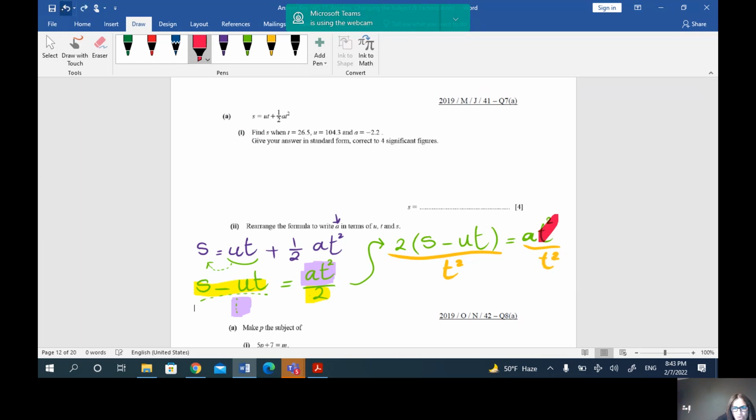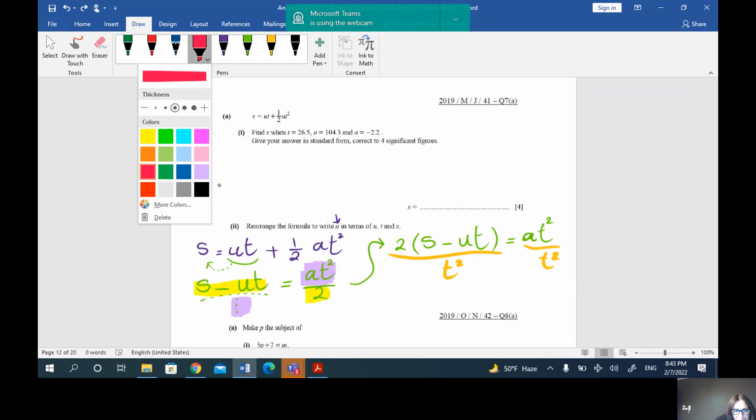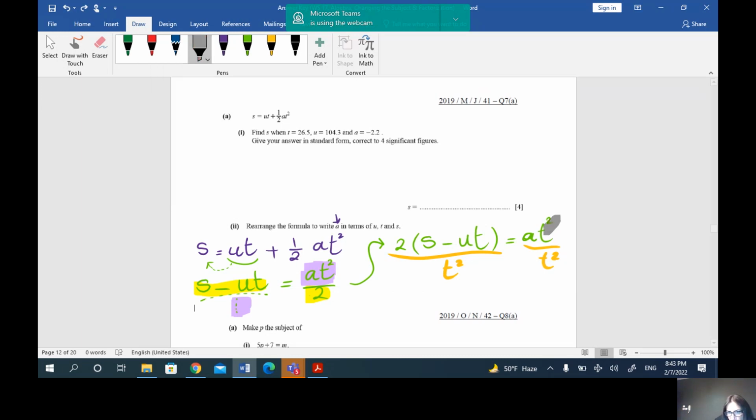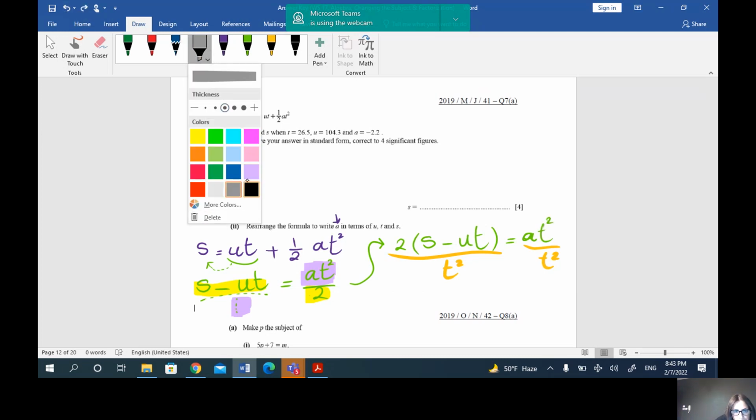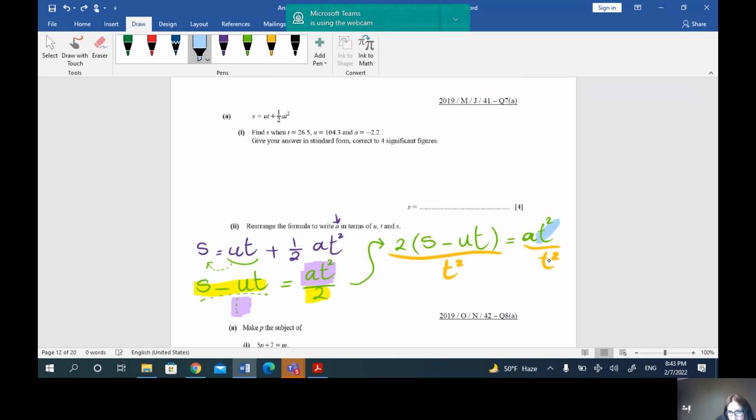Now this is way too dark. Let me just use another color so that you guys can see. So this is cancelled with this, and accordingly the final answer will be A is equal to fraction line 2 times S minus U T all over T squared.